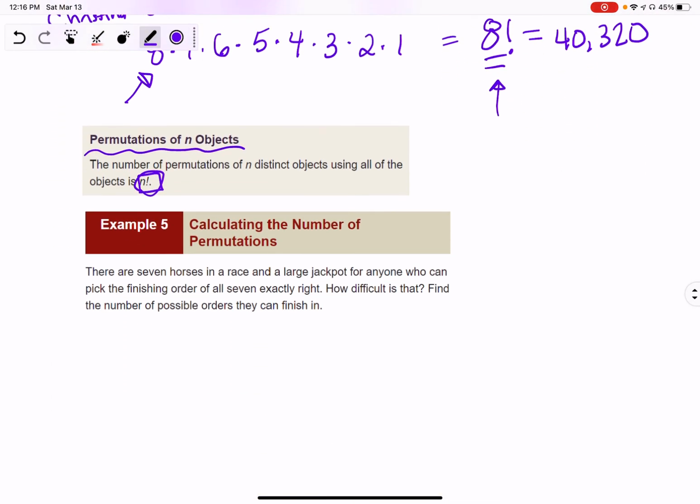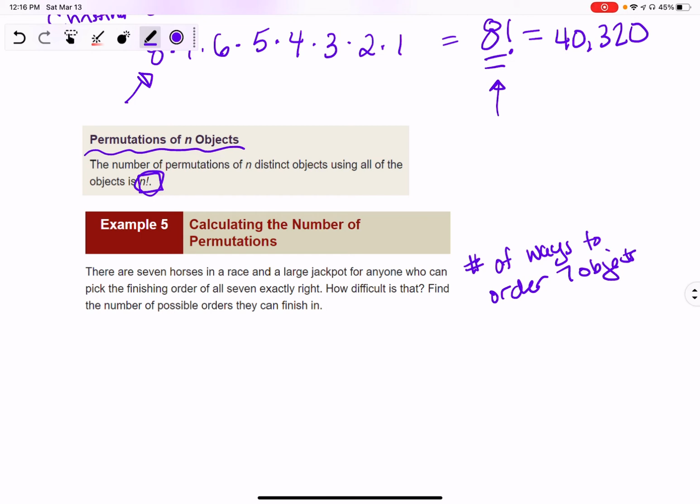So example 5 says calculating the number of permutations. There are 7 horses in a race and a large jackpot for anyone who can pick the finishing order of all 7 exactly right. How difficult is that? Find the number of possible orders that they can finish. Well, this is pretty much saying the number of ways to order 7 objects. And because it's a race, they're going to be in specific order.